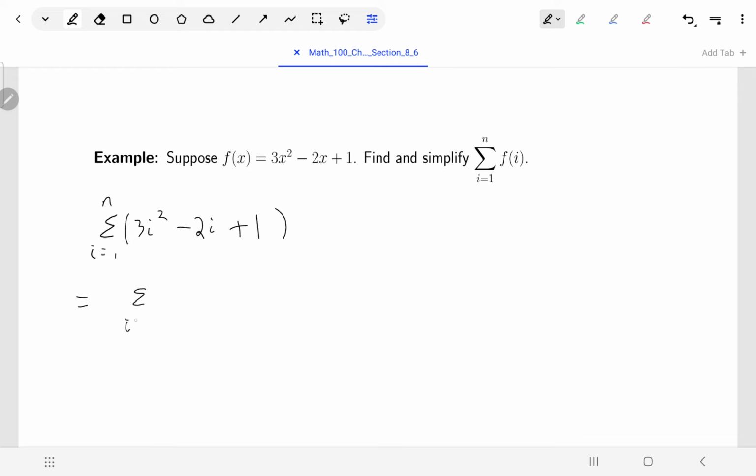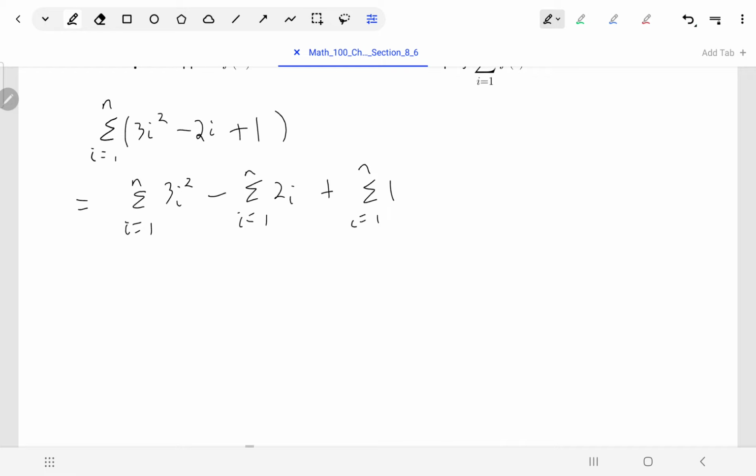So that's the sum from 1 to n of 3i squared, minus the sum from 1 to n of 2i, and then plus the sum from 1 to n of 1.